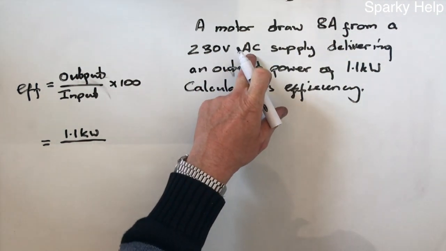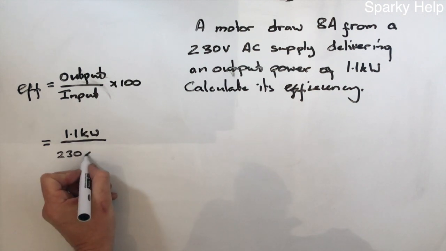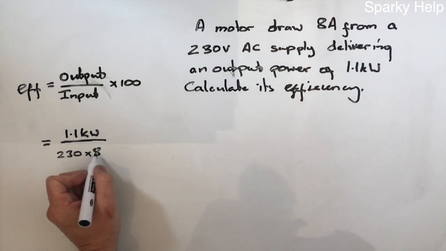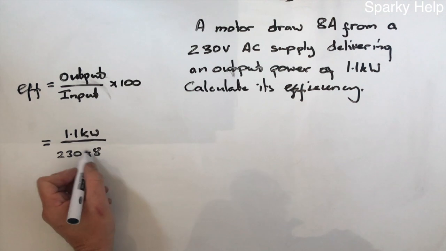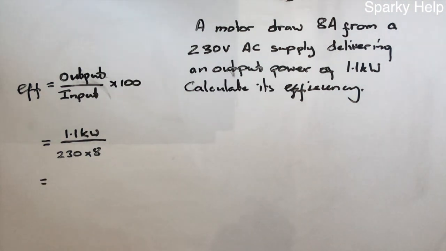The fact it's AC is irrelevant, so power is 230 times 8, so V times I. We just need to make sure this is in kilowatts, so let's just do that as a calculation.